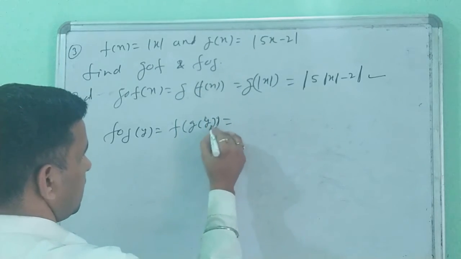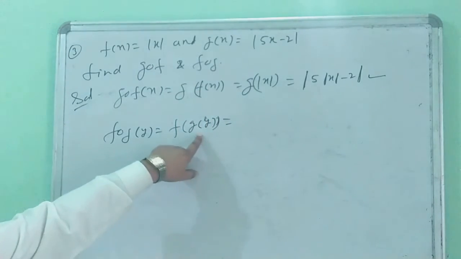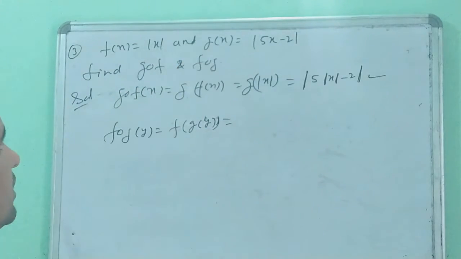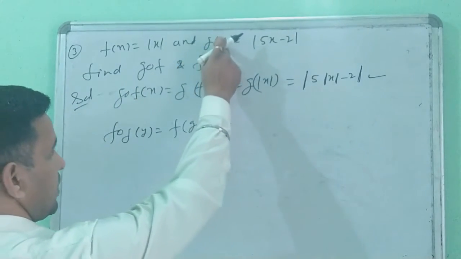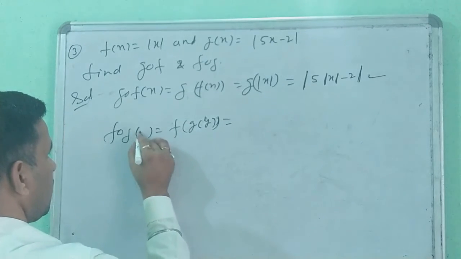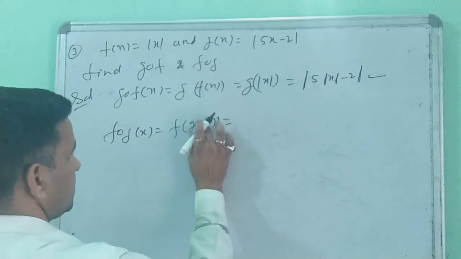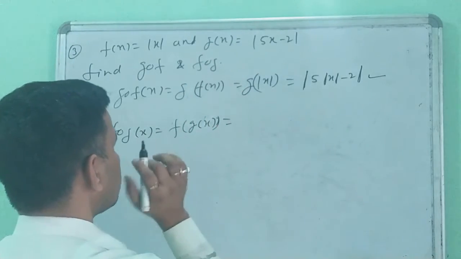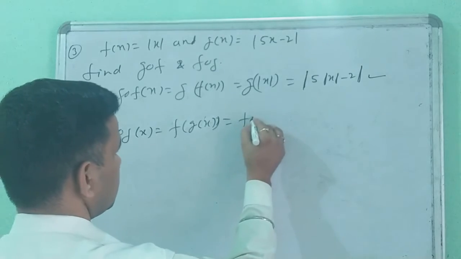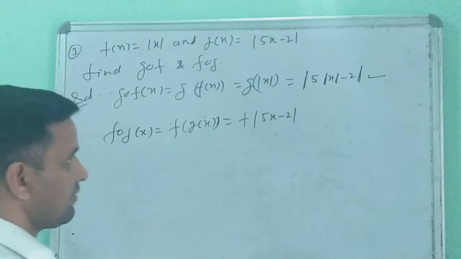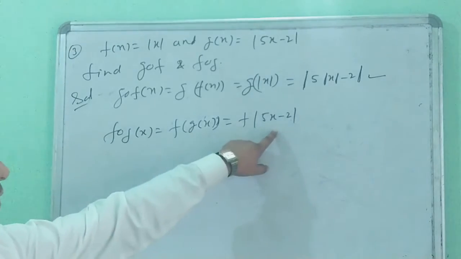You can write x or y, it does not matter, but fog is always written in terms of y. But here we write x, so you can write your x. What is the value of g(x)? It is mod of 5x minus 2.